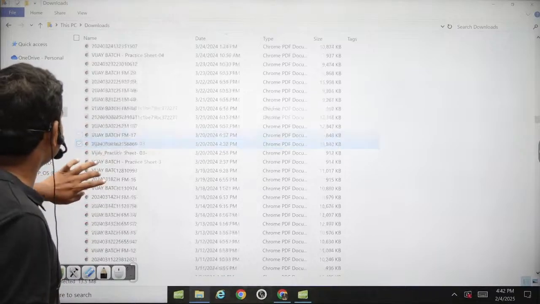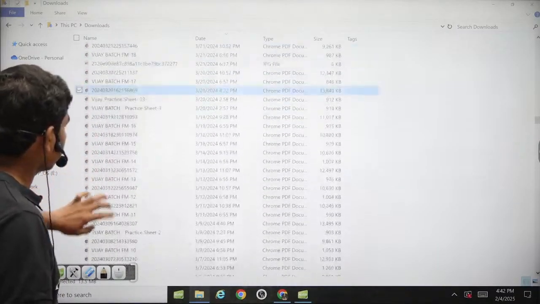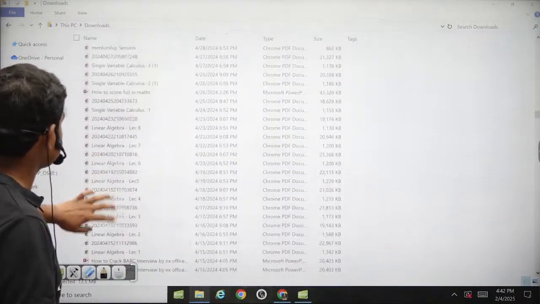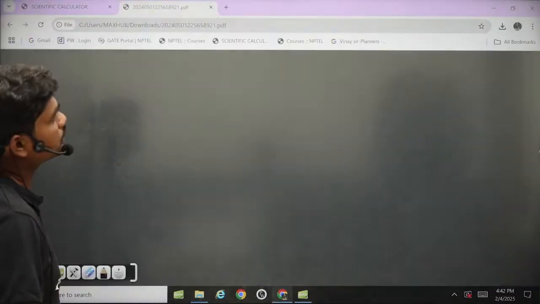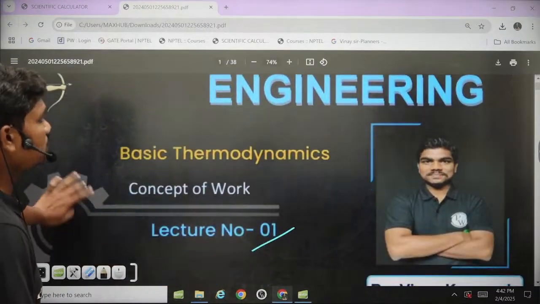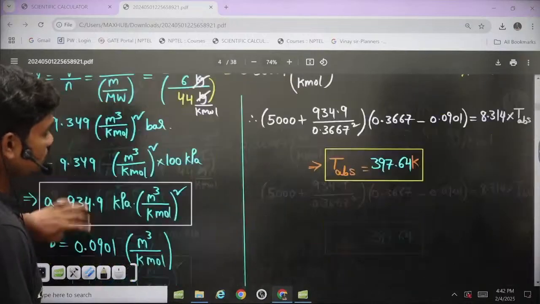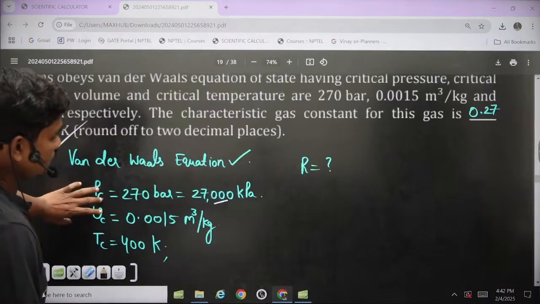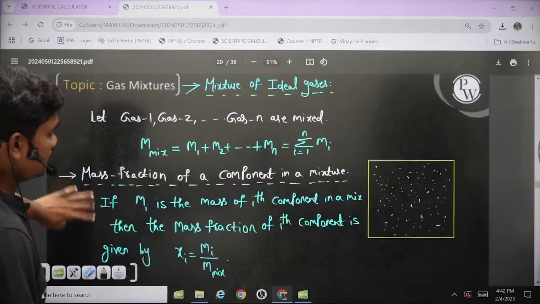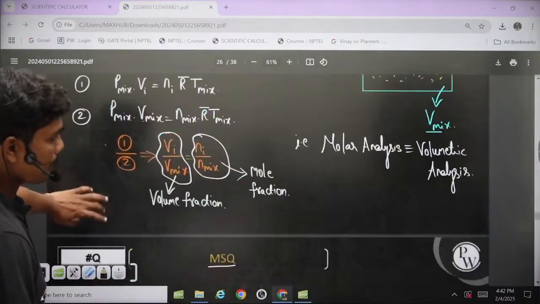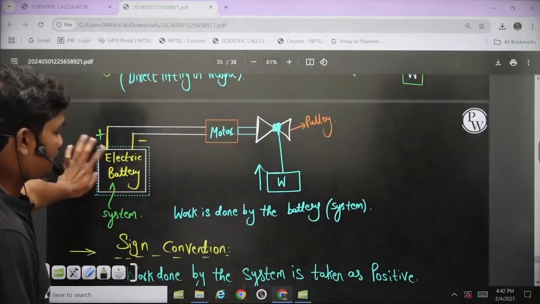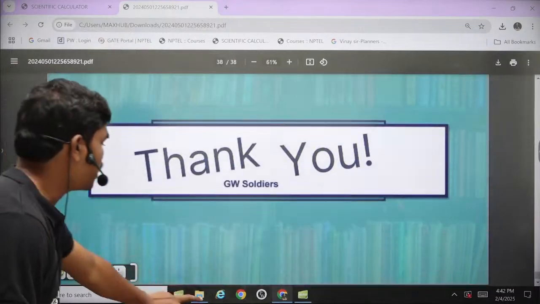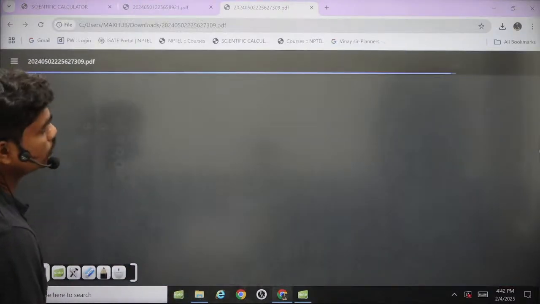Yeah, I got the pages, I think. Okay, so here you see work chapter, concept of work. Maybe in the next notes.